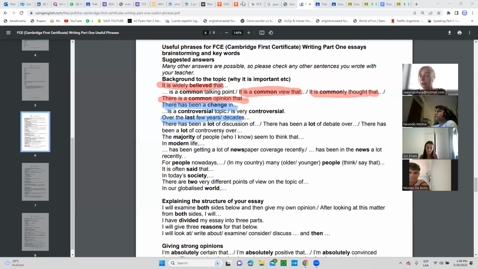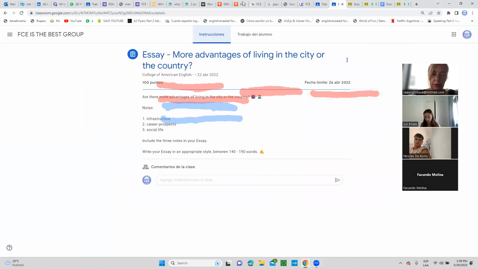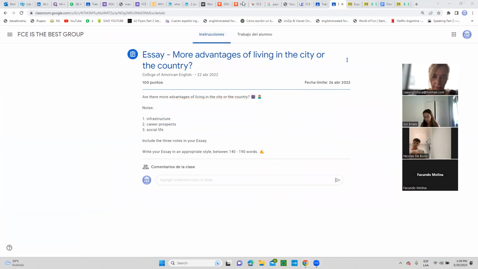Okay, look at how with some of these words. Let me see, what was one of the tasks that we had? Are there more advantages of living in the city or the country?